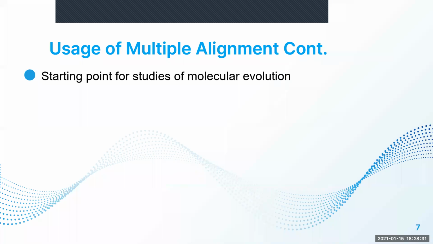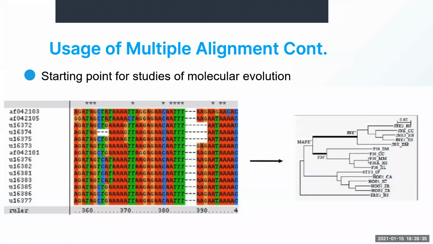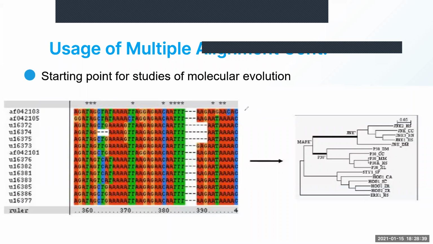As I said before, this is the starting point of the molecular evolution. First we do some multiple sequence alignments. Then we find the most similar ones. If we find these two are most similar sequences, then we can put those two at some kind of a point like this.